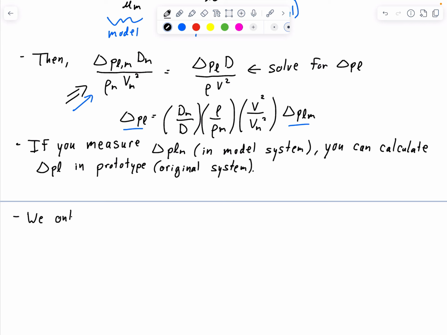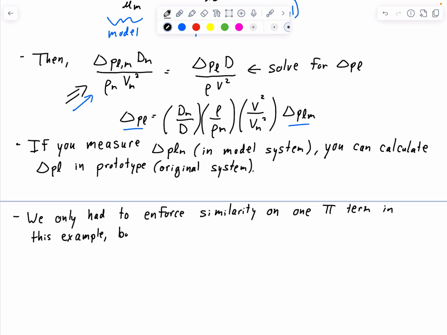So we only had to enforce similarity on one pi term in this example, but in general, all pi terms must be similar.